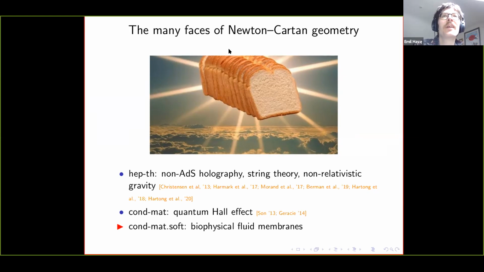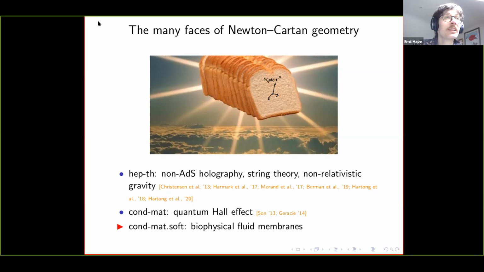Imagine that each slice of bread corresponds to a kind of spatial geometry, right? So in each slice you have a kind of space. This is a slice of space. And then each slice of space corresponds to an instance of time. So in all reasonable incarnations of Newton-Cartan, you have this slicing of your geometry.